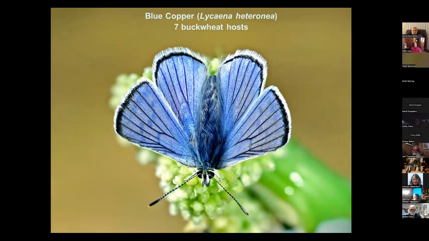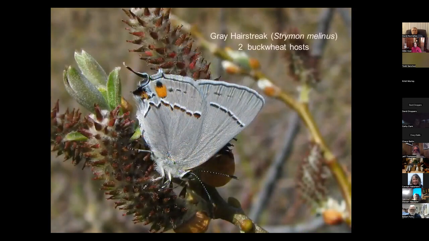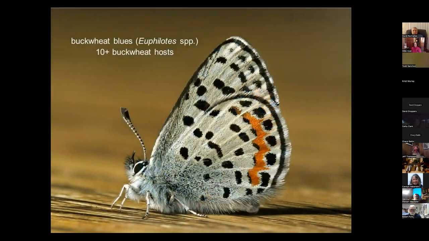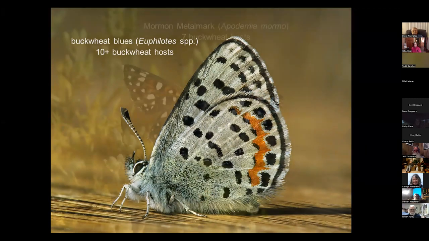Of course, the blue copper is another one that uses 7 buckwheat hosts. Gray hairstreak uses a couple of buckwheat hosts. And then the lupine and Acmon blues, the Plebejus blues, they use a combined total of 13 buckwheat hosts. And then the buckwheat blues, that's our Euphilotes, use another 10 combination of buckwheat hosts.